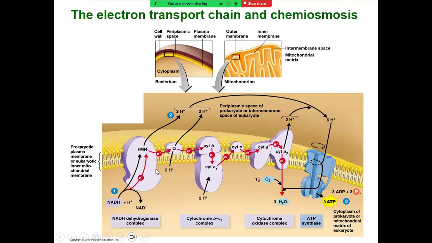The point is, in a prokaryote cell, these hydrogen ions are pumped into the cell wall, if the cell has a cell wall. And most bacteria do. But in a eukaryote, it's pumped into the space between the inner mitochondrial membrane and the outer mitochondrial membrane.